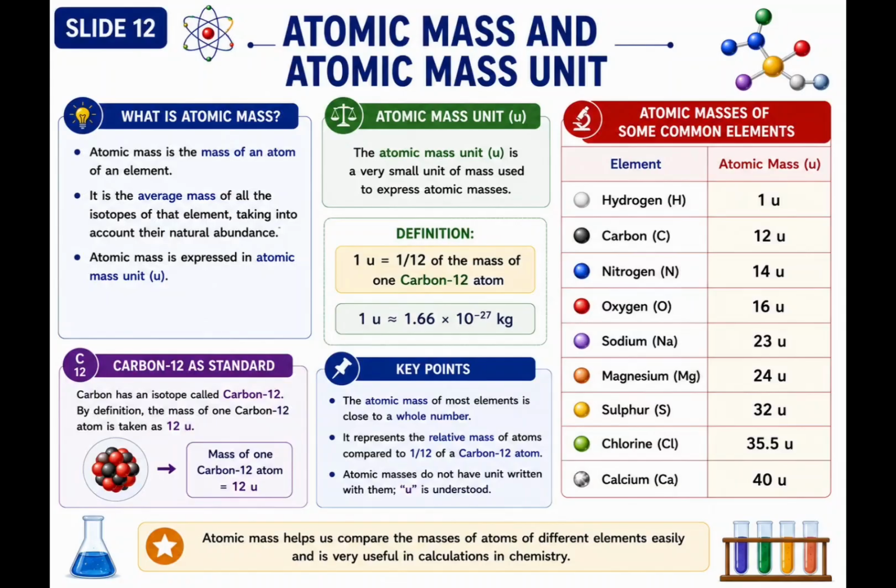Some common values are: hydrogen equals 1 u, carbon equals 12 u, nitrogen equals 14 u, oxygen 16 u, sodium 23 u, chlorine 35.5 u. These numbers are very useful.